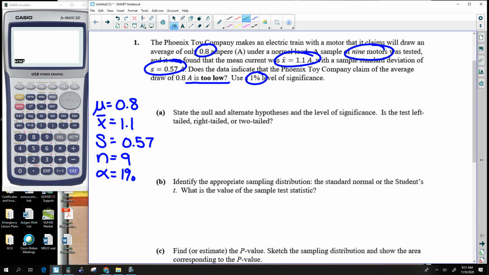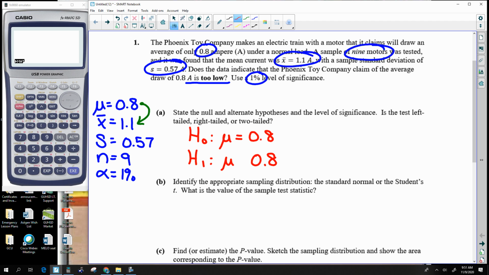If you're concerned by what too low means, notice that 0.8 is turning into 1.1. So what does that mean? Right now the null hypothesis is the average is 0.8. Do we have enough to say that that's incorrect?